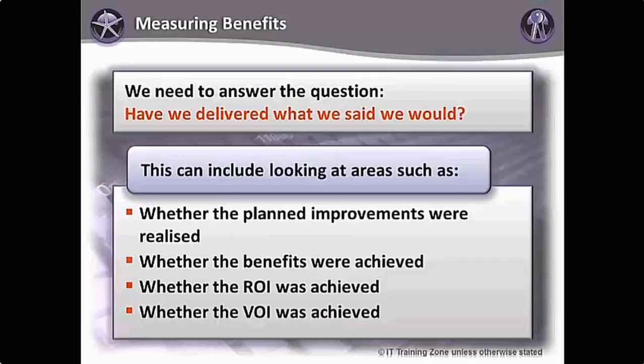We need to answer the question, have we delivered what we said we're going to deliver? This can include looking at areas such as whether the planned improvements were realized, whether the benefits arising from the improvements were achieved, whether the target return on investment was achieved, whether the intended value was actually achieved, measured as value on investment.